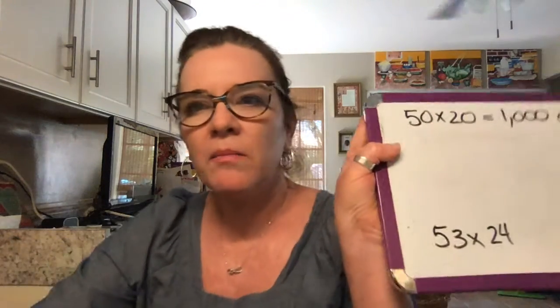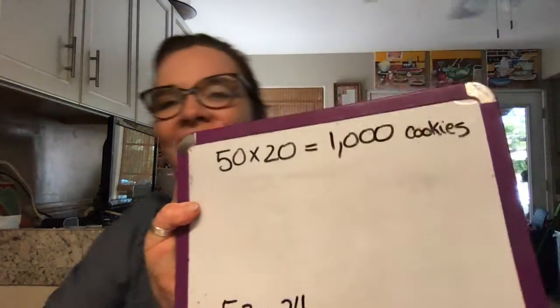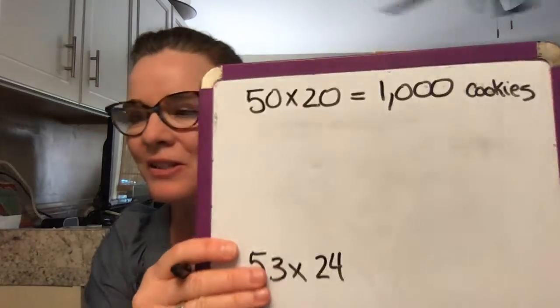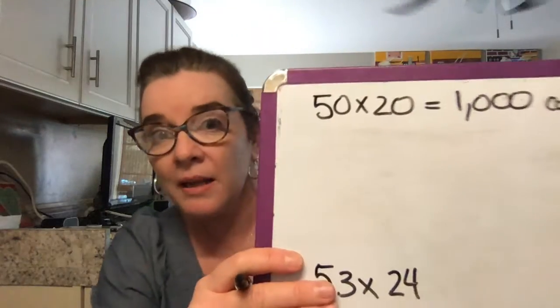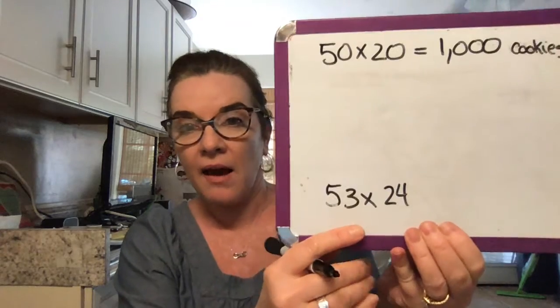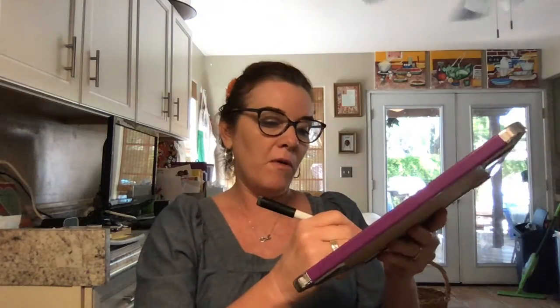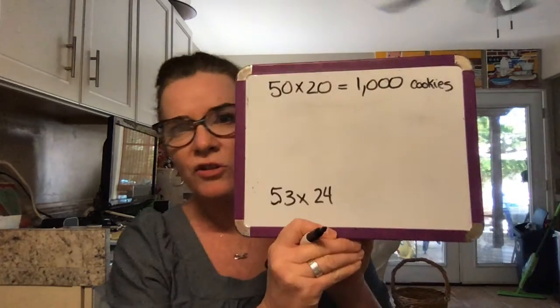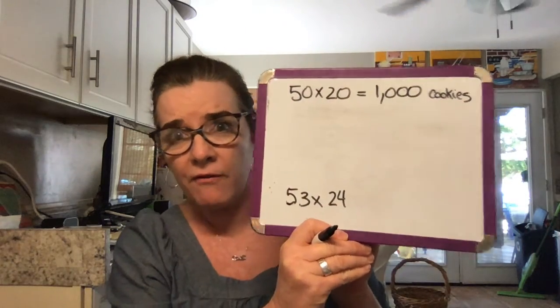I'm going to stick with my 50 times 20 for 1,000 cookies, but then just like in my estimate, I know that I have 4 more than that, because all I gave was 20 cookies to every family. I didn't give 24.